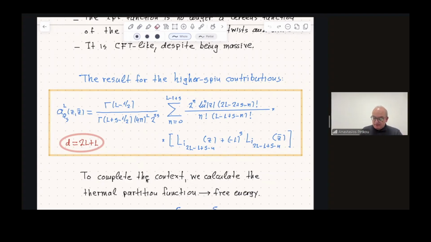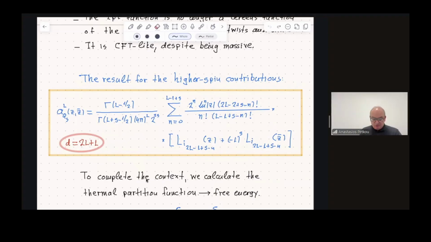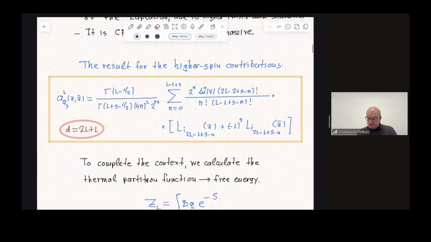So, okay, this is a result. It looks complicated, of course, to somebody who sees it for the first time. I just emphasize the fact that here you can see that it has an alternating sign depending on the spin of the corresponding operator.